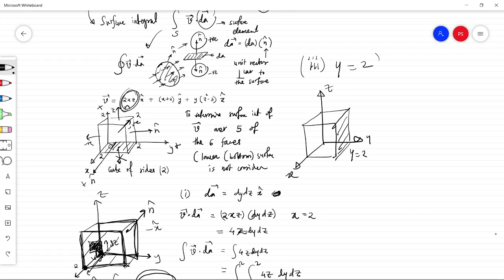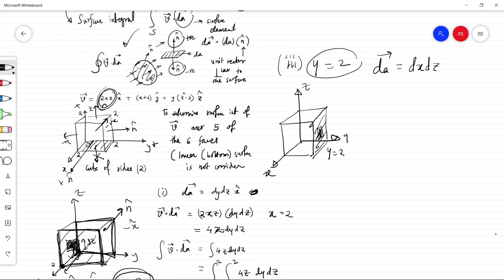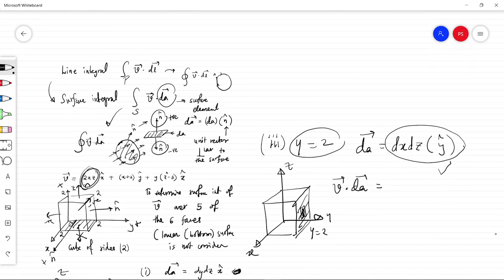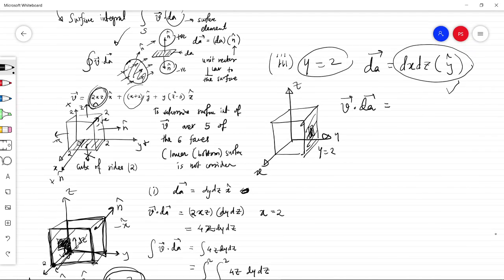For this particular face, since y is fixed, the infinitesimally small surface element dA bar has width and breadth dx dz, since x and z coordinates change, and the direction is y cap. Now for this case, v bar dot dA bar is just, remember we have to take the y component of v bar. As we can see, x plus 2 is the value of y component. So we have x plus 2 dx dz.